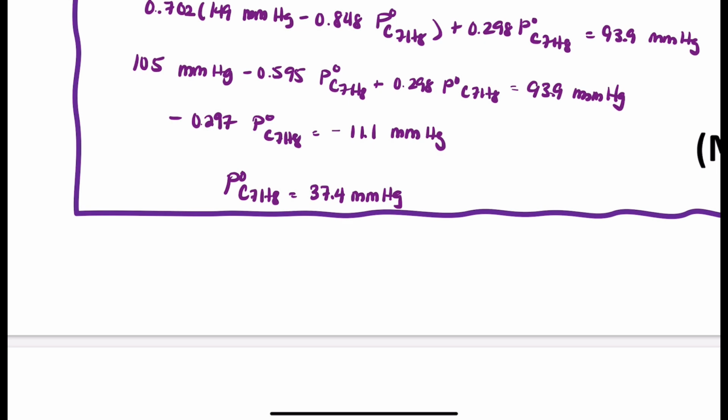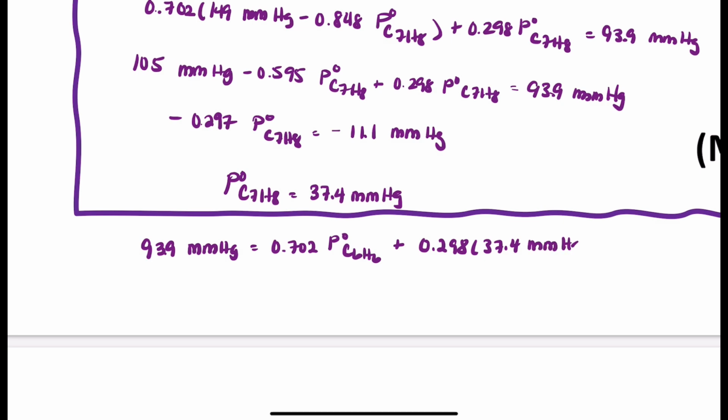Now that I have that, I can plug it back into one of the earlier equations. 93.9 millimeters of mercury is 0.702 times the vapor pressure of pure benzene plus 0.298 times 37.4 millimeters of mercury. Partial pressure C6H6 is 118 millimeters of mercury.